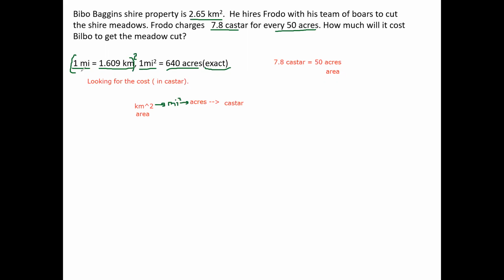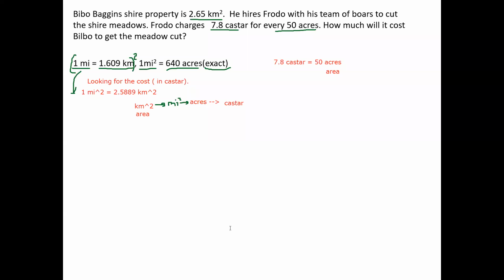So when we do that, one mile squared equals 2.5888 kilometers squared. So now we have the relationship between miles squared and kilometers squared.